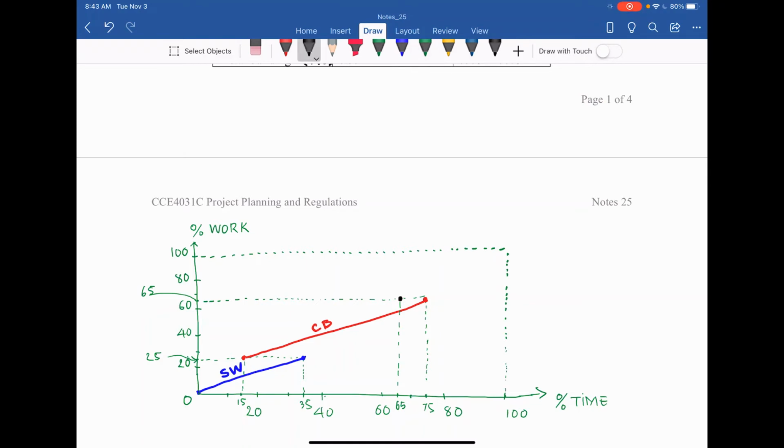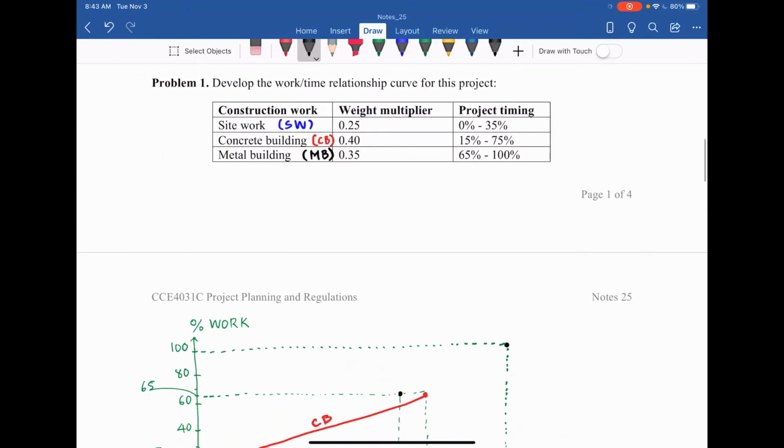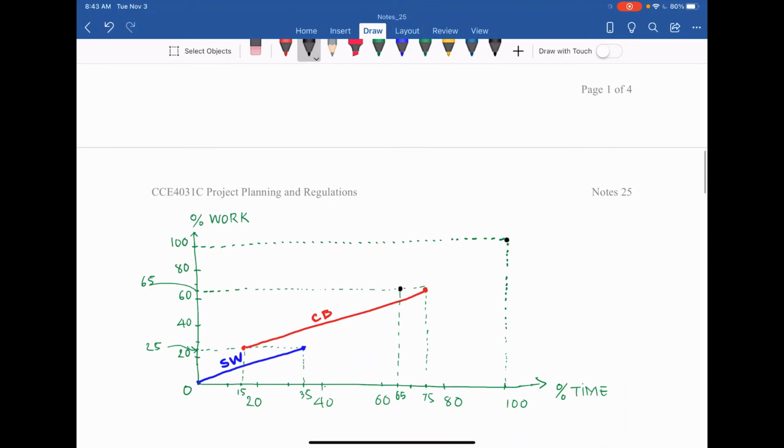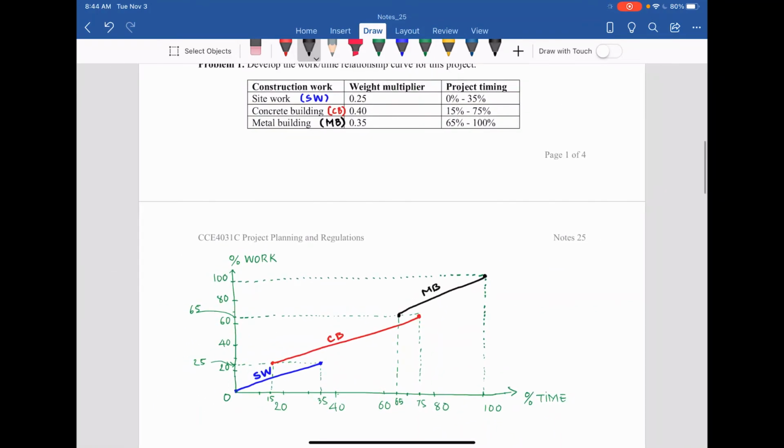With that we have another point, and as you can see, from 65% of work to 100% of work is 35%, exactly equal to the weight multiplier for the metal buildings. With those two points we make a straight line, and we get the metal building. So we have the curve for each of the tasks.